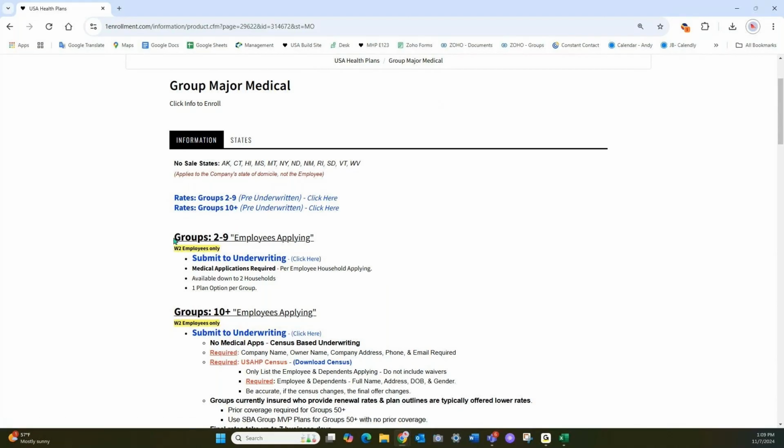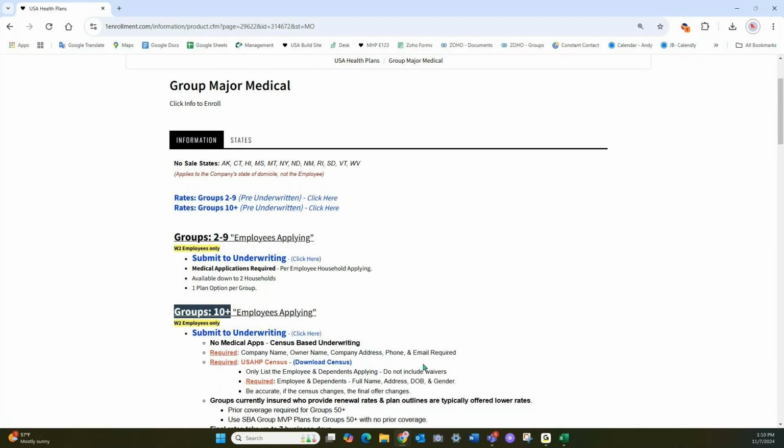So let's look at how these groups' rates look. But first of all, it's important to understand that when I'm saying groups 2 to 9, I'm talking about the number of employee households enrolling. When I'm saying groups 10 plus, again, I'm talking about the number of employee households enrolling. I do not care if there are 25 full-time employees. If there are only 9 enrolling for coverage, then that's a group of 2 to 9.